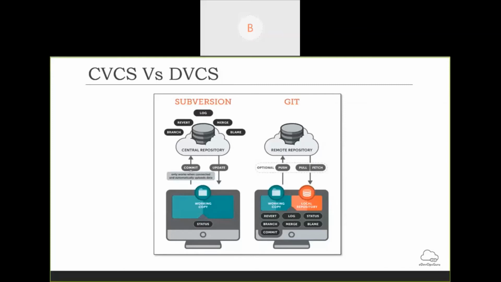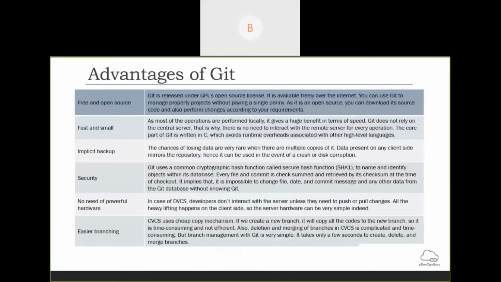Here you can see that everything, like creating a branch, revert, log, merge, is done on the central repository in the case of Subversion, and there we need internet connectivity. But in Git we don't need it. Every operation can be done in the local repository. So what are the advantages? We have discussed a lot of things here already.